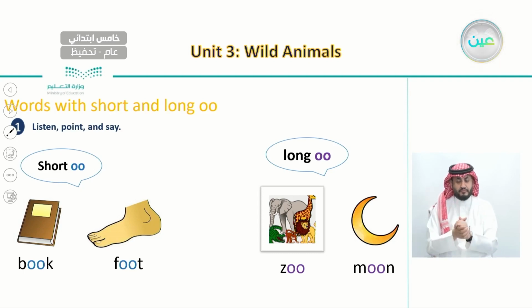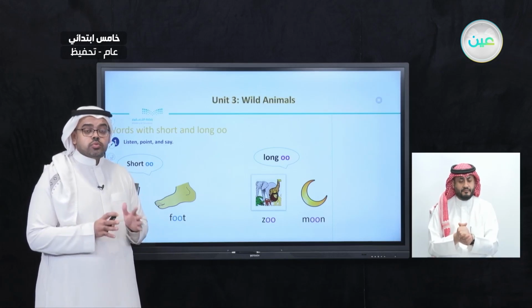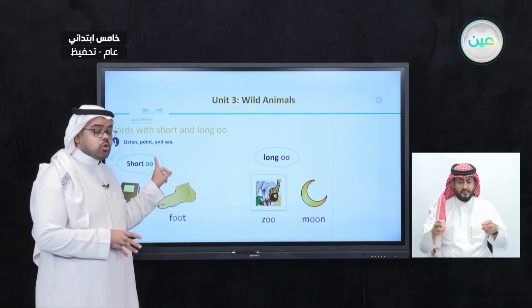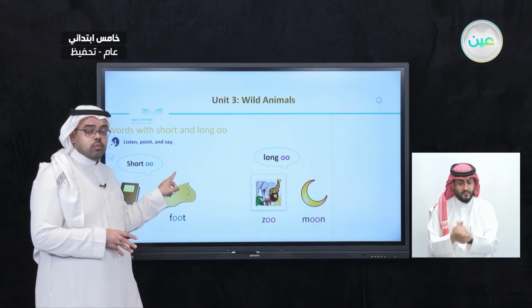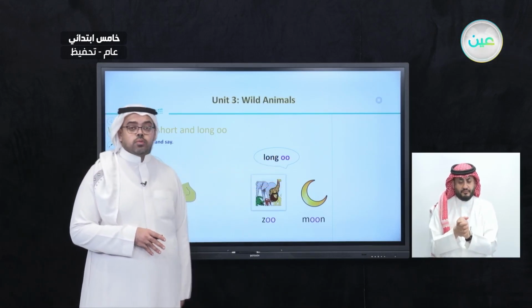So this is what we're going to do today: we're going to listen to different words that have the short form of double O and also the long form of double O.